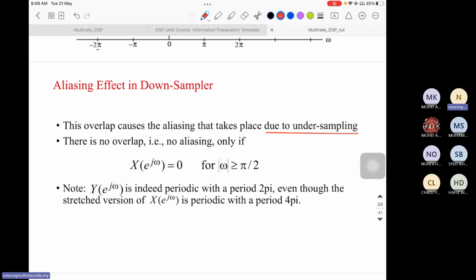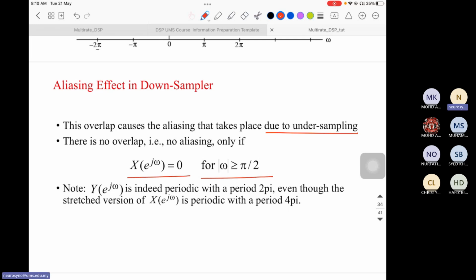There is no overlap, no aliasing, if X of e^j omega is equal to 0 for omega greater than or equal to pi by 2. So if I take X of e^j omega equal to 0 for omega greater than or equal to pi by 2, then this aliasing effect can be avoided.